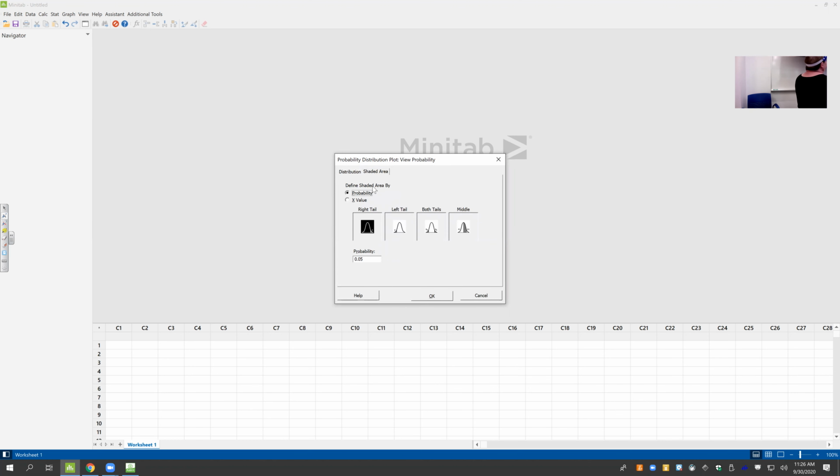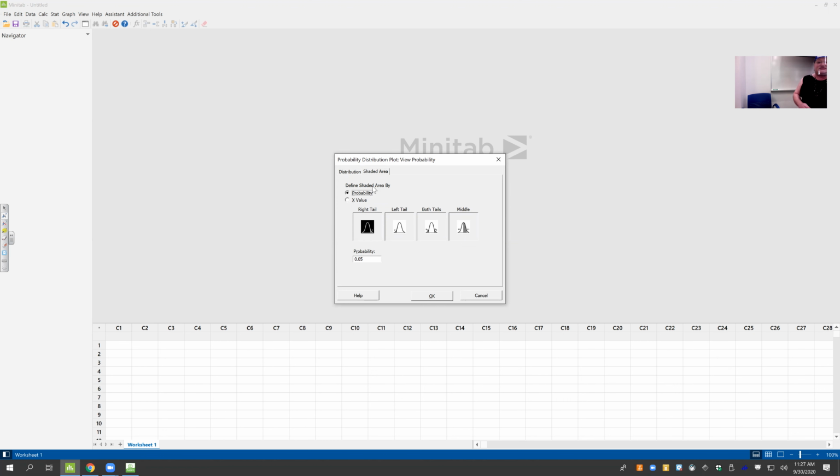And here's where you've got to make a decision. It says, define shaded area by probability or by an X value. The question said, find the probability. So we're using probability.